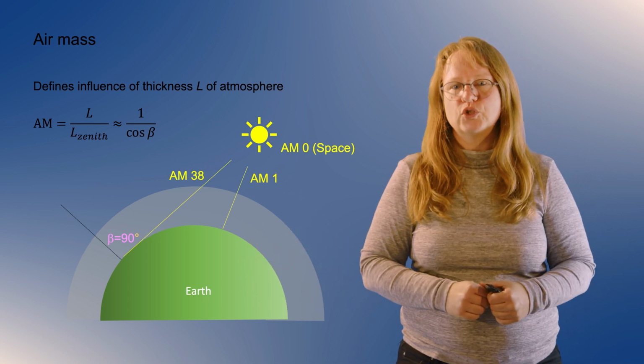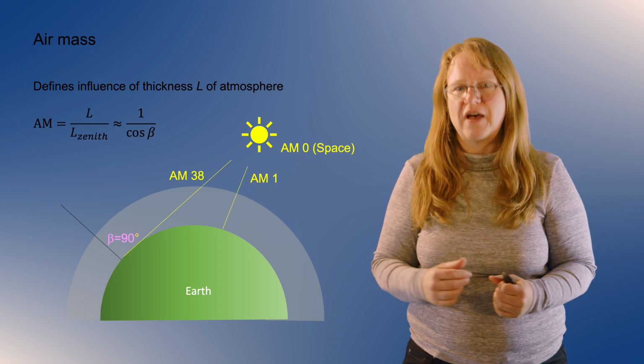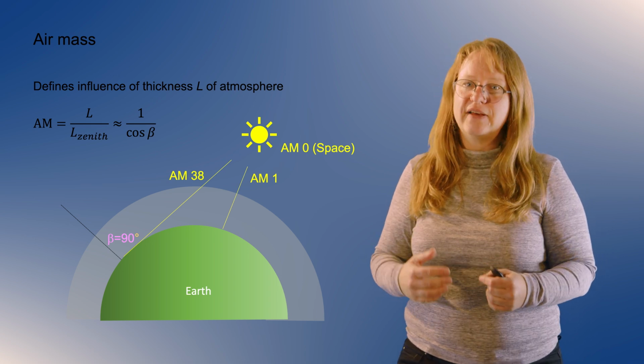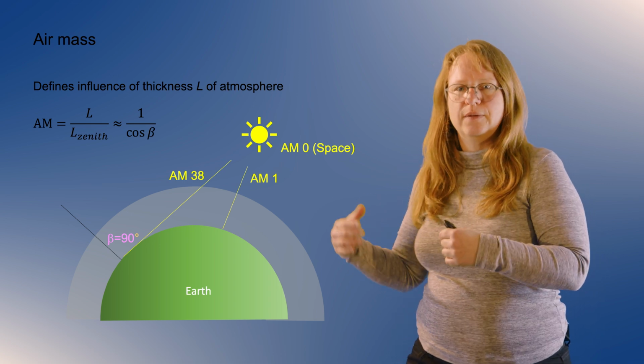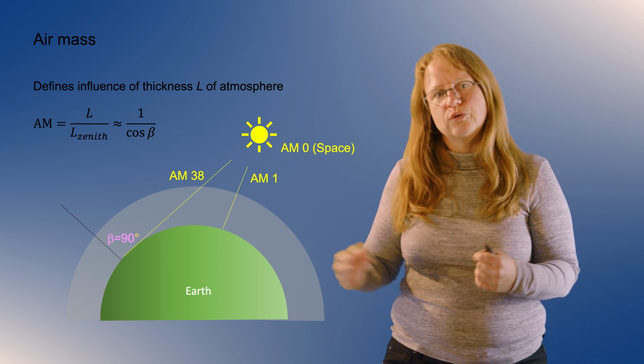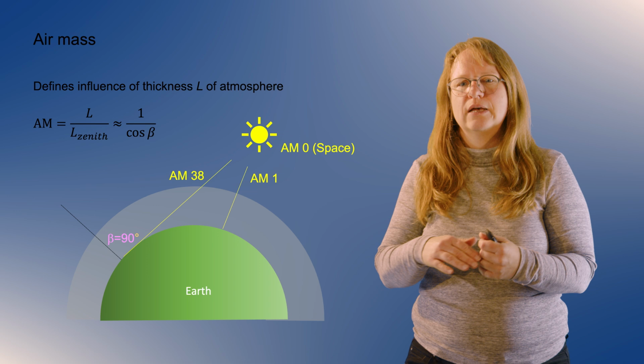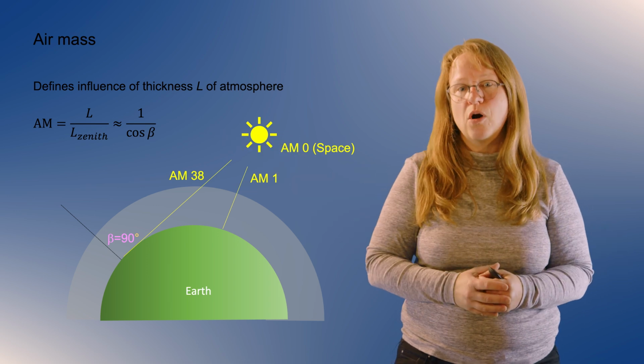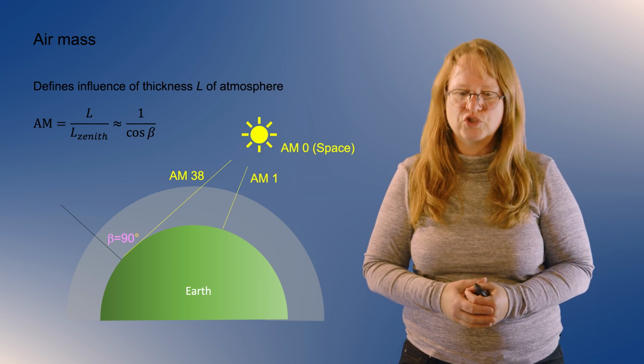And therefore, you can also have an air mass value of 0.5, for example. So the air mass values can change between 0, which is out in space, to something like 38, which describes the longest distance through the atmosphere.